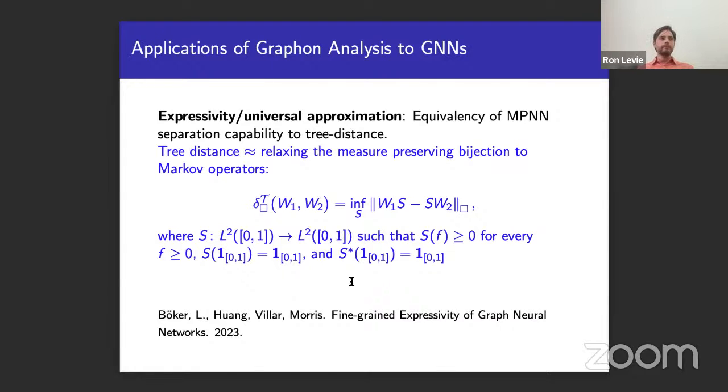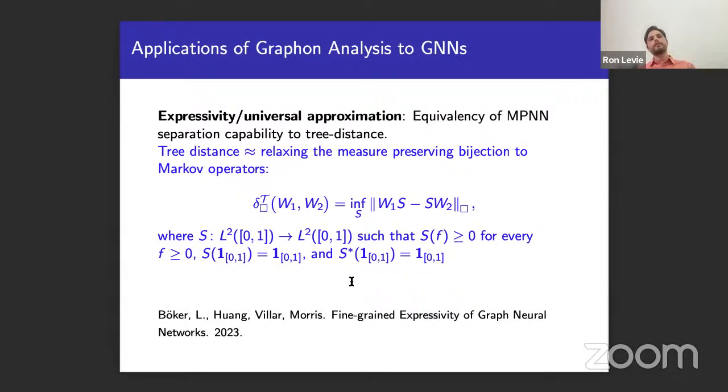We want to prove that two graphs are close to each other if and only if any message passing network applied on the two graphs gives a close result. And this we were able to prove only in the special case where the data is only a graph without a signal.